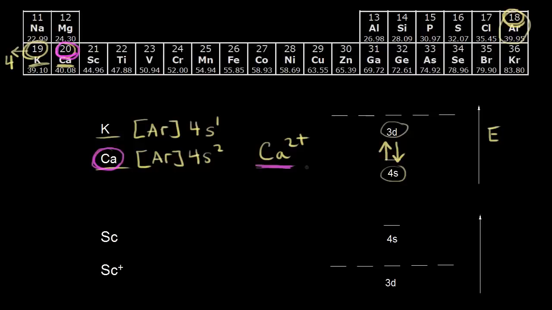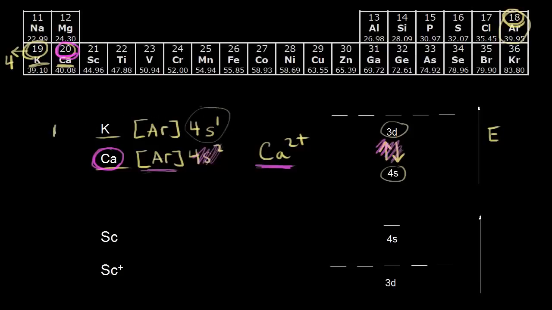The 2 electrons that we would lose to form the calcium 2+ ion are these 2 electrons right here in the 4s orbital. And so the electron configuration for calcium 2+ would be the same as the electron configuration for the noble gas argon here.